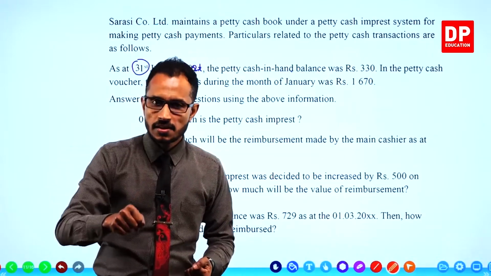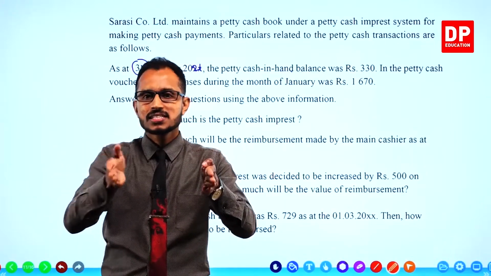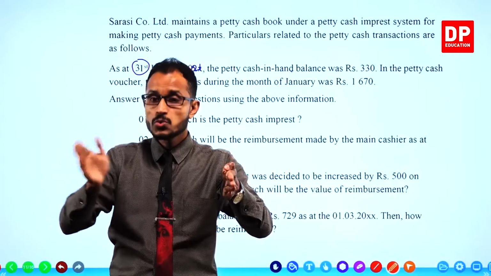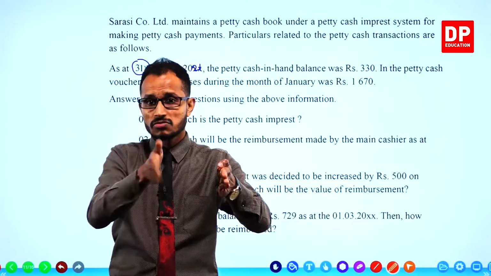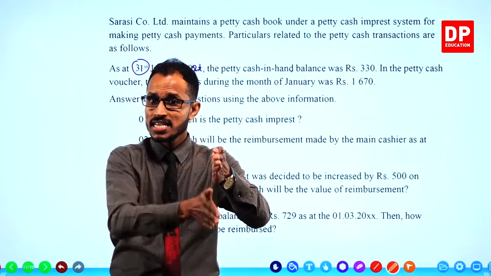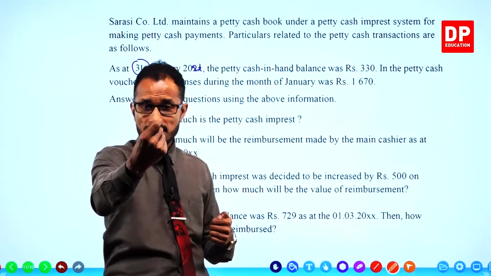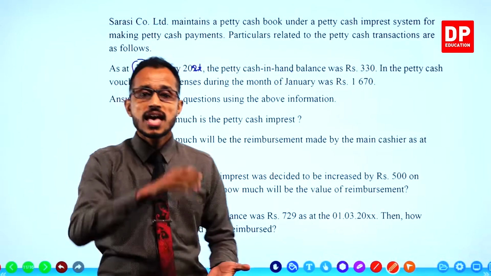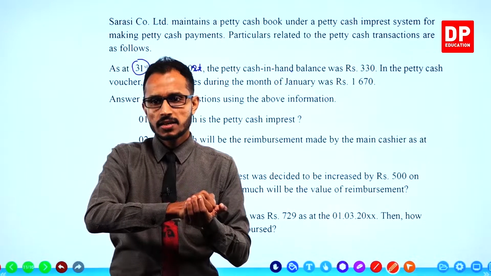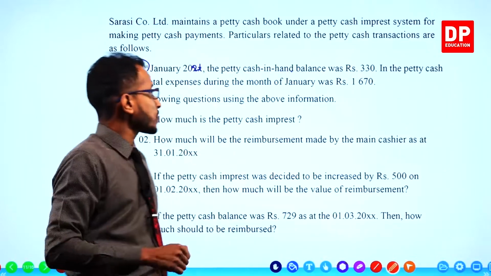It means that after all the petty cash expenses are done during the month of January, at the very end, on 31st of January, 330 cash was remaining at the petty cashier's hand.